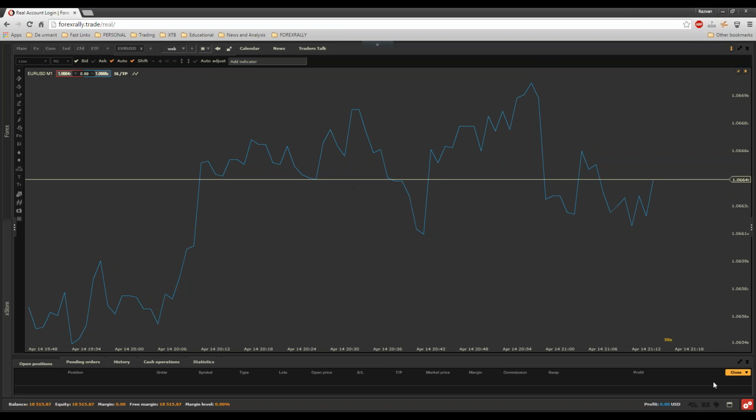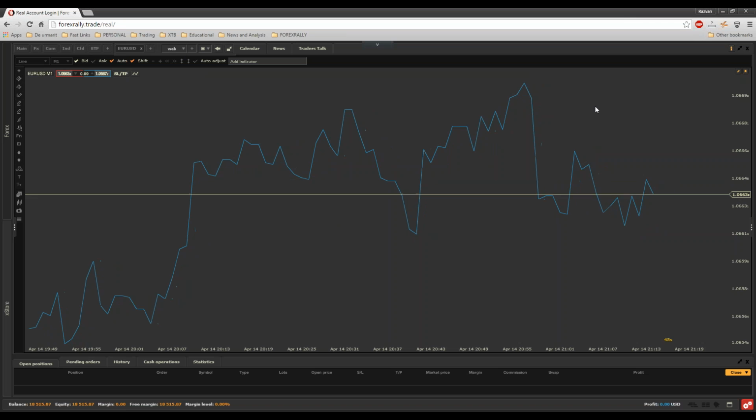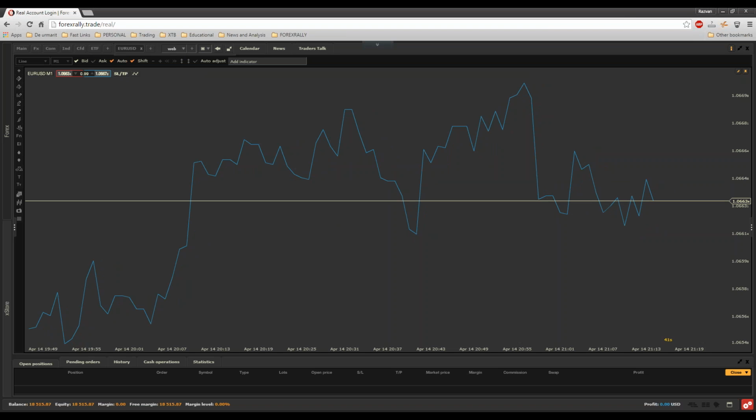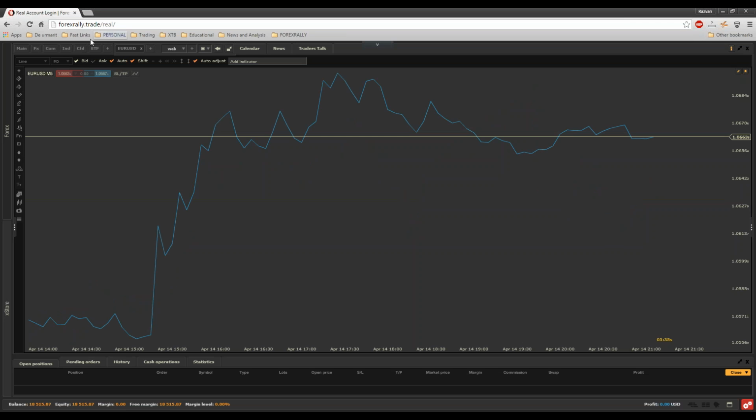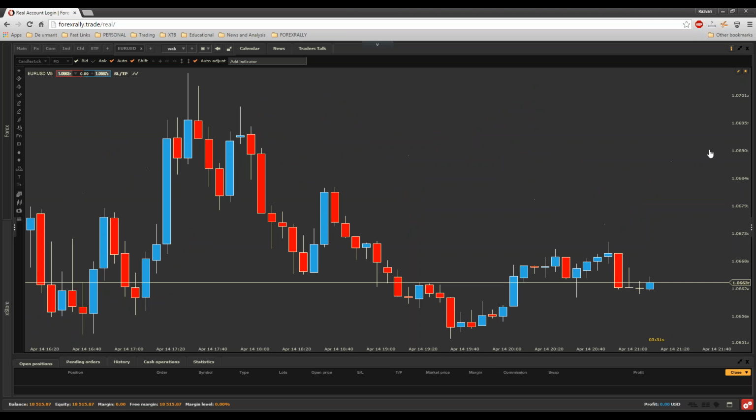This is a line chart, but you'll see that in 1 minute the price moves down or up, and at some point it will stop. When the 59 seconds have passed, the time will change. See here, a minute passed, the time started to change and the price changed.